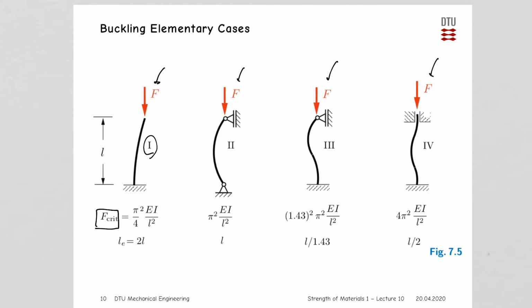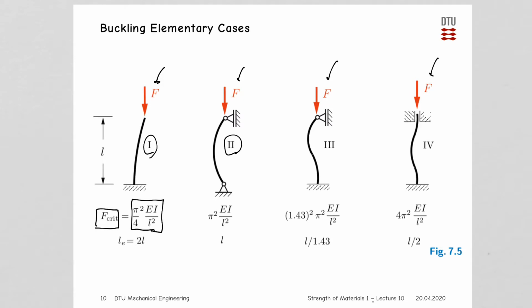Now, if the force increases over this factor, which is this funny factor of pi squared over 4, and then a dimension factor depending on the bending stiffness and the length squared, if the force increases to more than this value, then our beam will buckle.